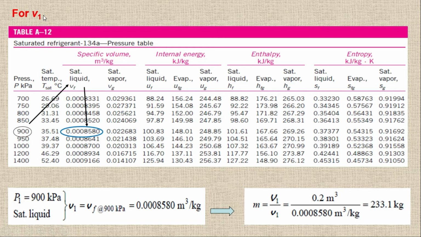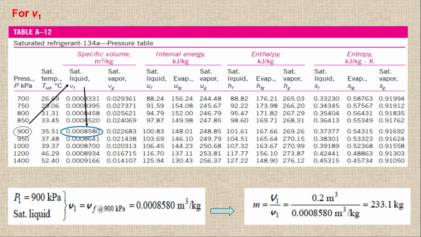Now in the question, for the second state, or state number 2, the temperature was 70 degrees Celsius. But here if you see, the saturation temperature against 900 kilopascal is 35.51, and the state number 2 temperature is 70 degrees Celsius.